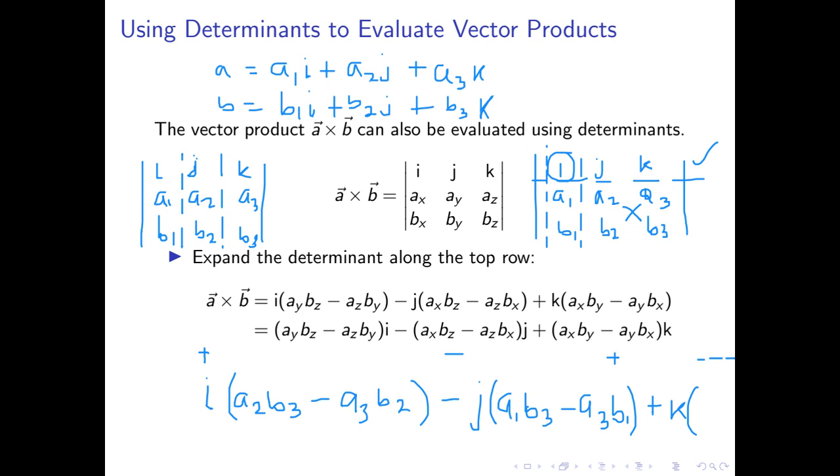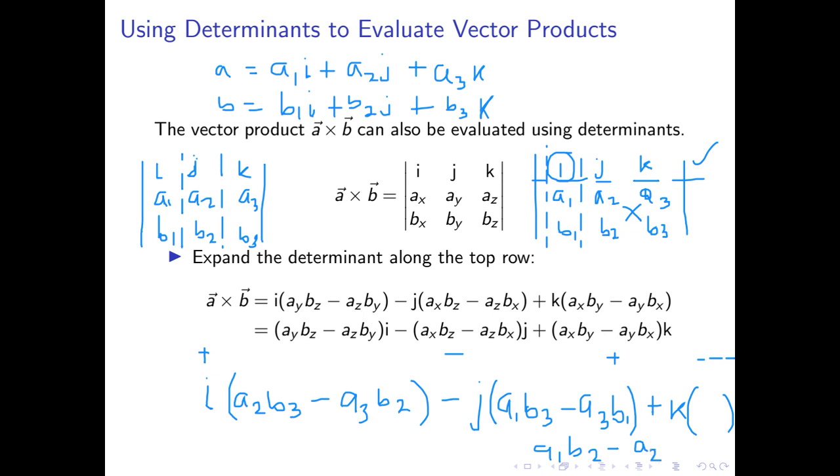And then let's now go to the table. So we are done with this. We are picking the k's. So it will be A1 B2 minus A2 B1.